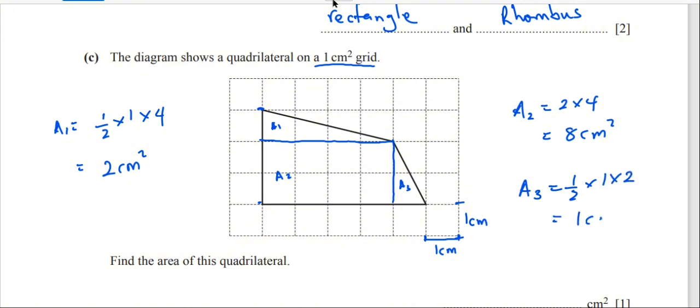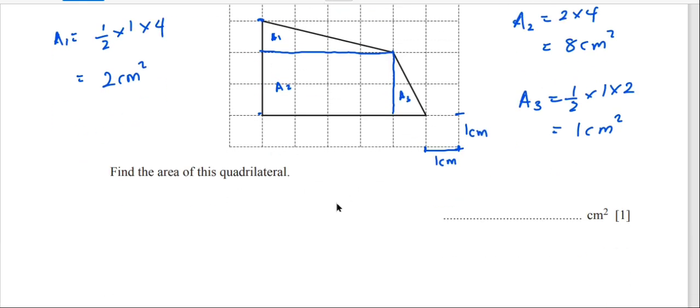That will give us 1 cm square. When you add everything up, A1 plus A2 plus A3, that will give us 2 plus 8 plus 1, which is 11 cm square. The cm square has already been written, so you just write 11 there.